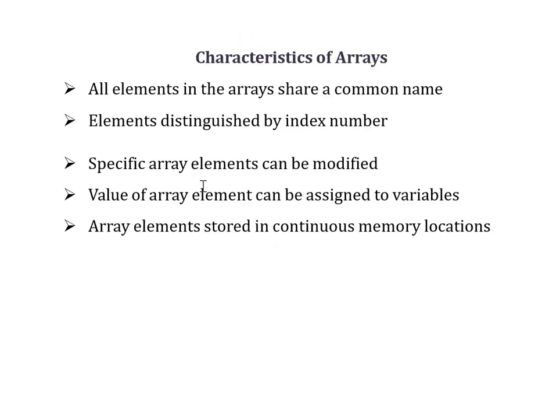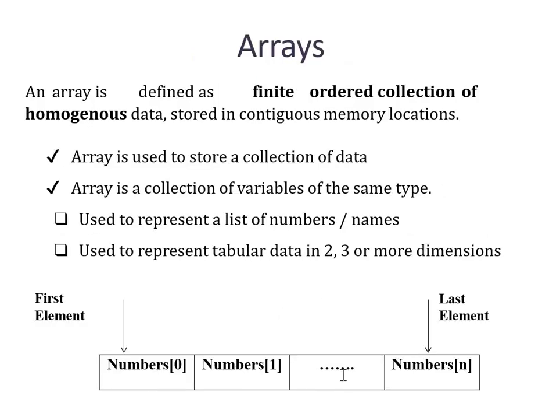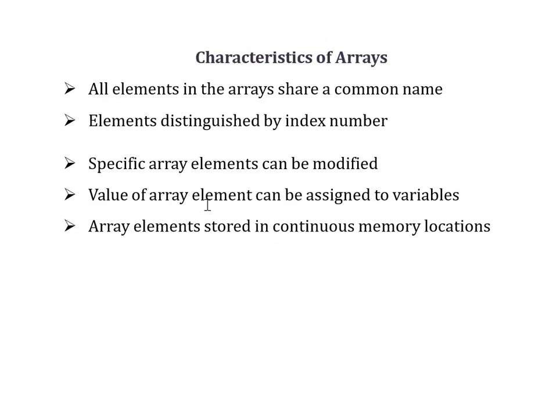Specific array elements can be modified, which means it is possible to access one or more elements in the array independently and operate on them. And the value of an array element can be assigned to a variable.